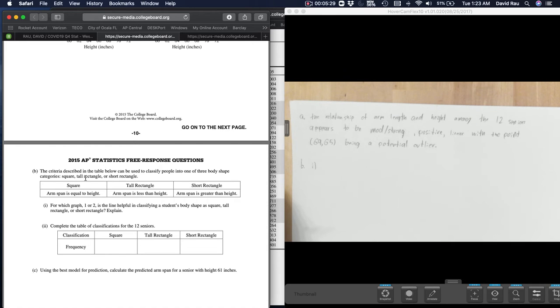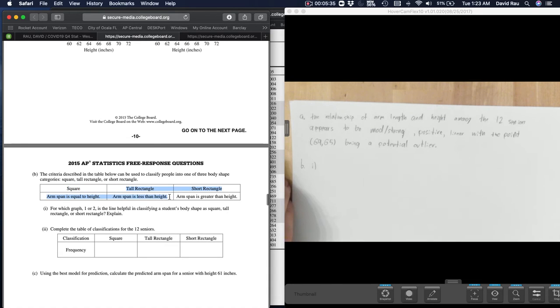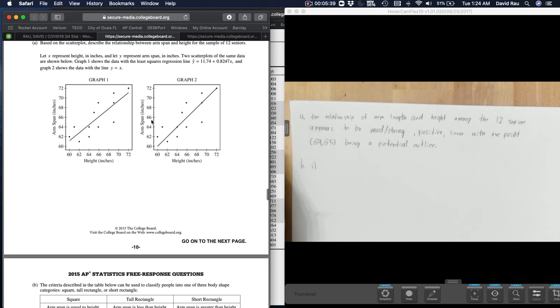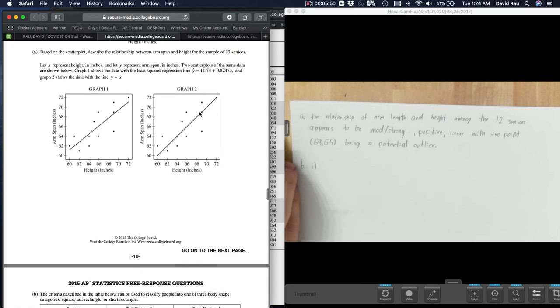This is an Algebra 1 question. How would you know if something was square, if your arm span was greater than or less than your height? That would happen if you're measuring against a perfect diagonal. Because if something is perfectly on the diagonal, then x is equal to y, arm span is equal to height, and they're square. So if they fall directly on the line, they would be defined as a square.